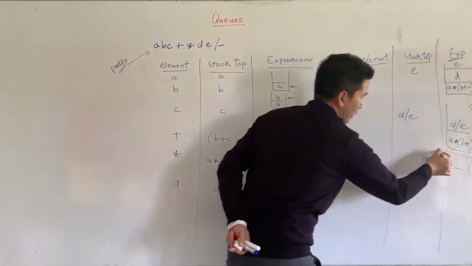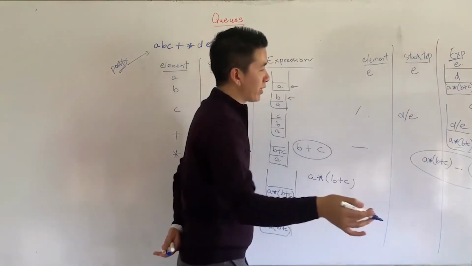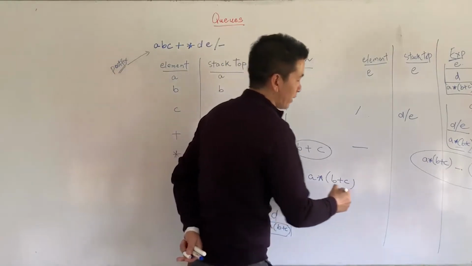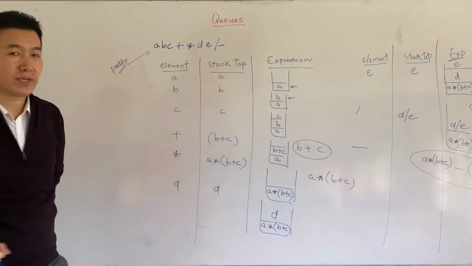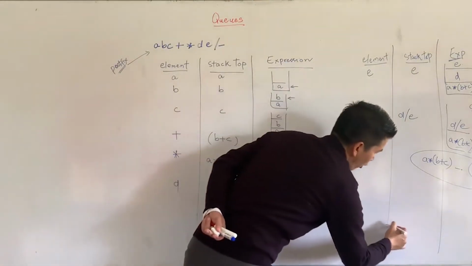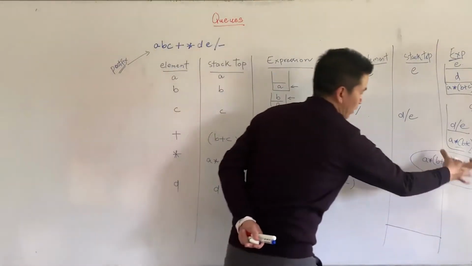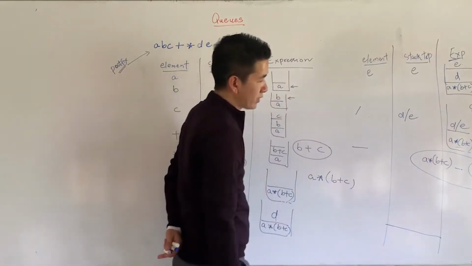So this expression will finally be pushed back to the stack. And then, since this operator will be the last operator, the final view of the stack will be this as a whole pushed back onto the stack.